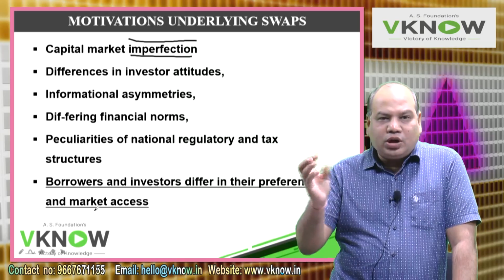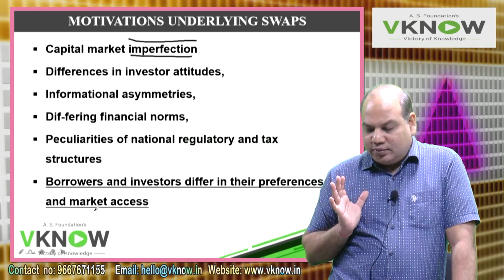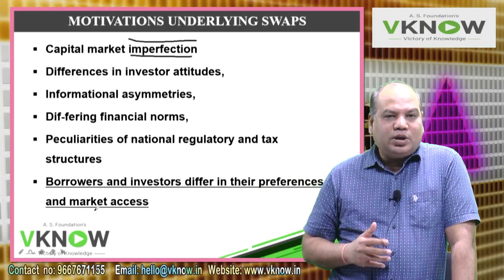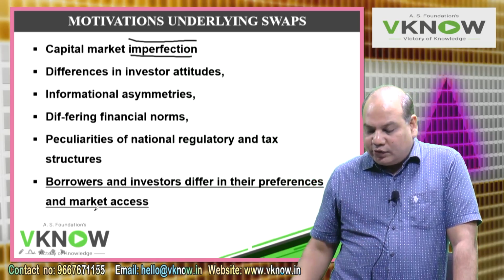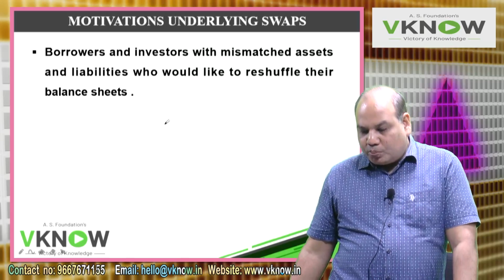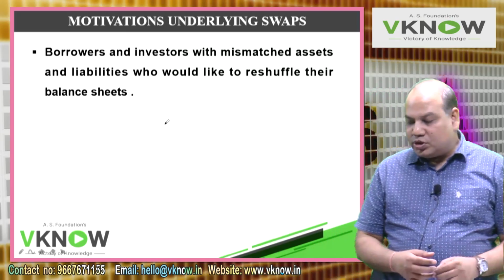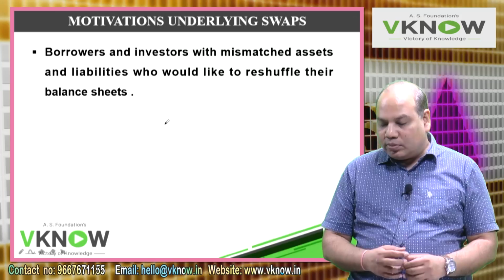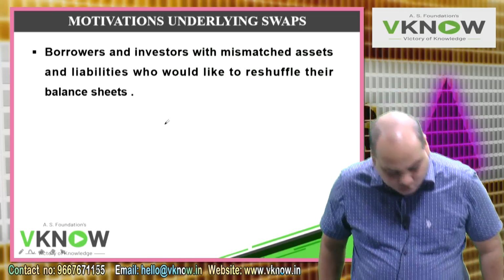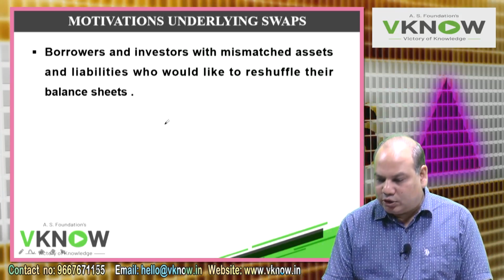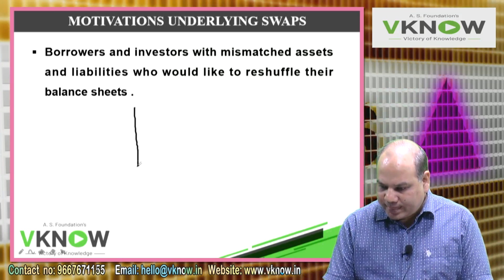An Indian company may not have access to the Japanese market, and a Japanese company may not have access to the Indian market. But through a swap, they can raise funds in the currency that they want. So borrowers and investors with mismatched assets and liabilities would like to shuffle their balance sheets. So this point also I'll explain, why companies enter into swaps.